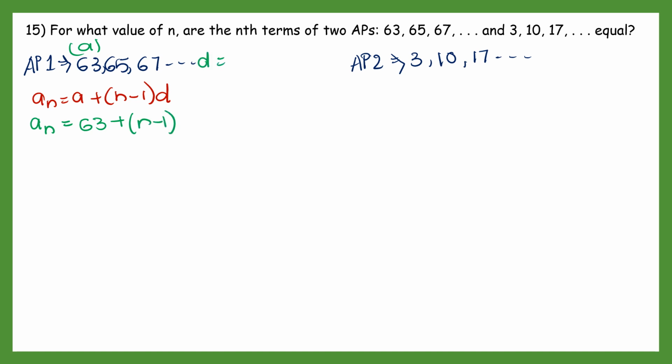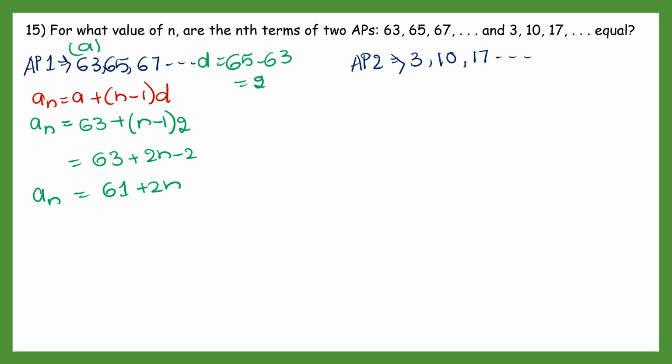The common difference d is the difference between consecutive terms. So you get 65 minus 63, that is 2. So the common difference is 2. So you get 63 plus 2n minus 2. 63 minus 2 is 61 plus 2n. This is the nth term of the first arithmetic progression.